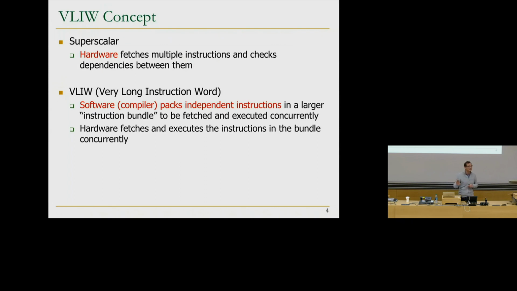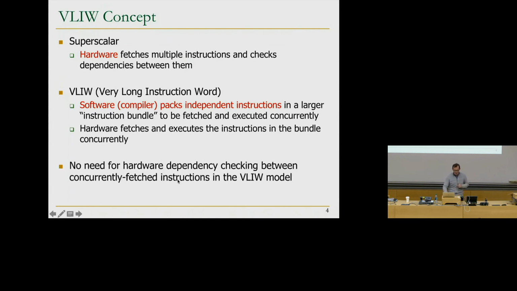Hardware is very simple; the compiler does all the job. Of course, if the compiler can do the job, you as a programmer can do it also. Basically, you schedule instructions completely in software so that the pipeline can be very simple, with no dependency checking logic. There's no need for hardware dependency checking between concurrently fetched instructions in the VLIW model.